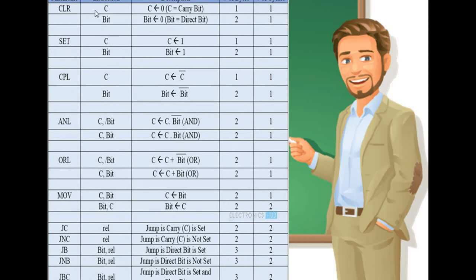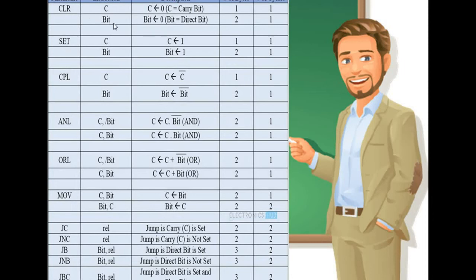See here CLR C means clearing the value of carry. If we write this instruction, the carry flag value becomes 0. Carry is nothing but the carry bit, so if the C value is 1, then after executing CLR C, the C value becomes 0.